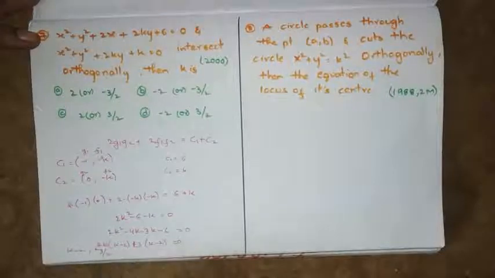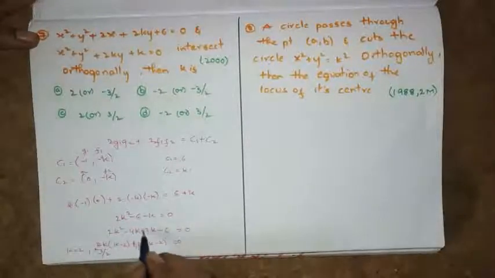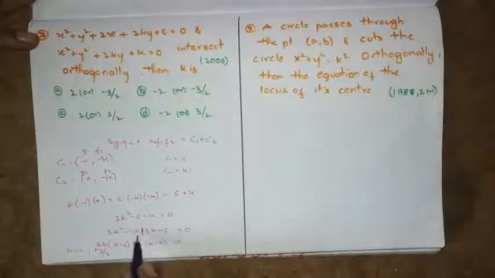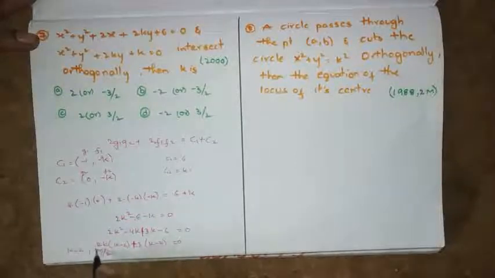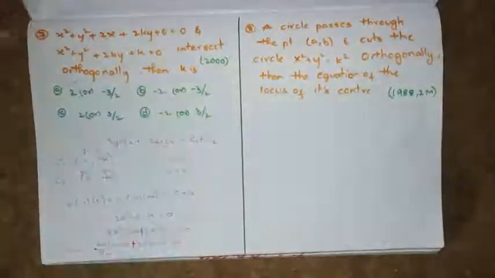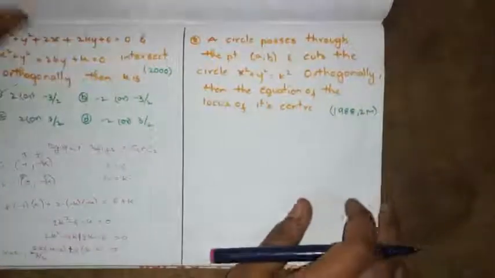Let me check. 4k plus 3, right? Then it will become minus k, yes. 4 times 3 is minus 12, 2 into 6 is 12, yes. Plus 3. Okay, k is 2 and minus 3 by 2. This is the condition, okay.